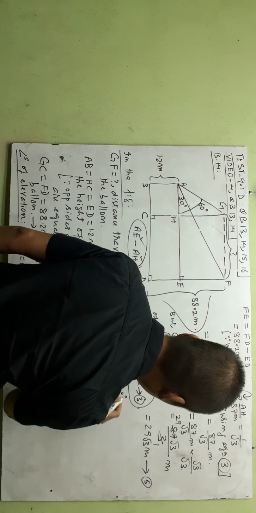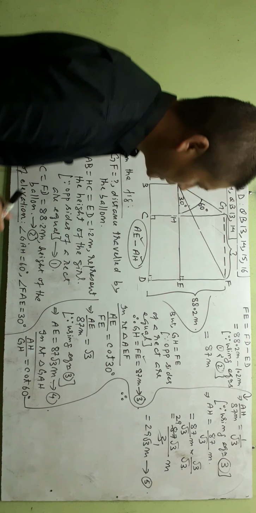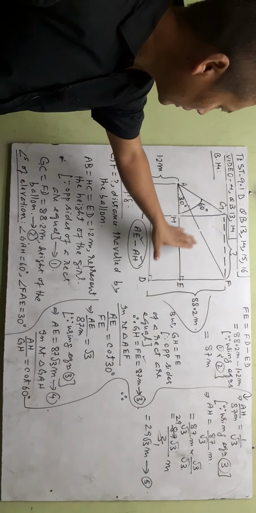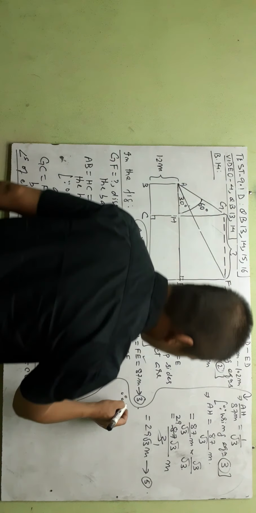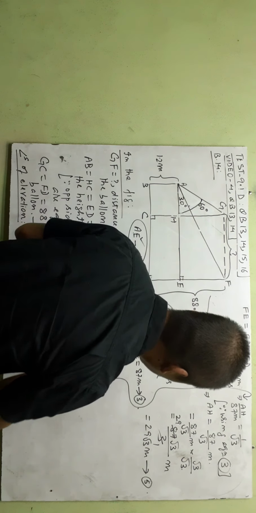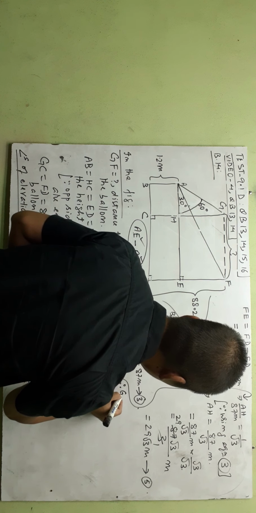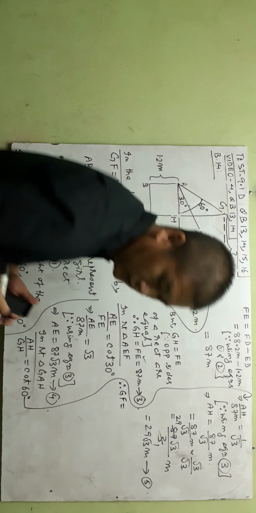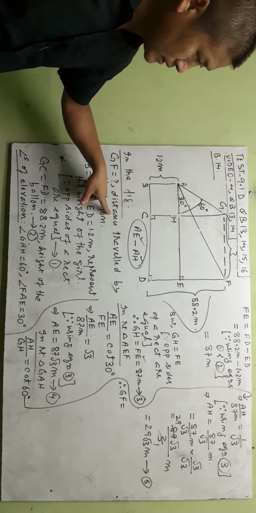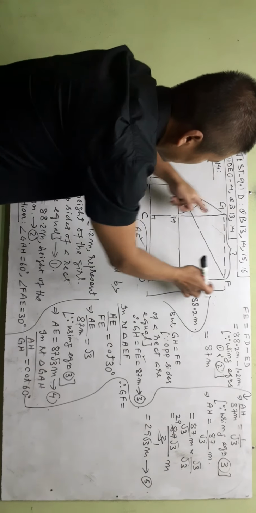So now very easy. Therefore, we will write here GF, the distance traveled by the balloon, which we're trying to find out. See here, distance traveled, this is what the question is asking. It's actually equal to HE.